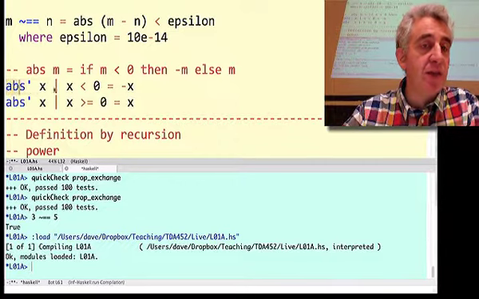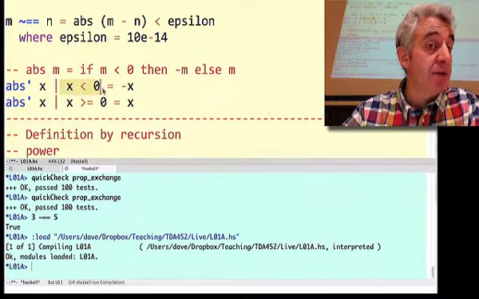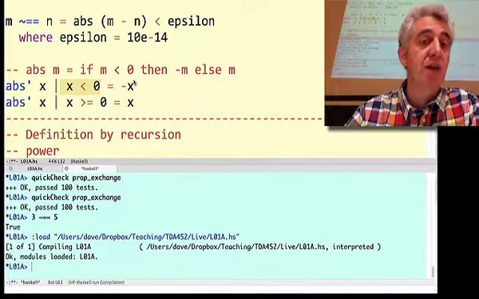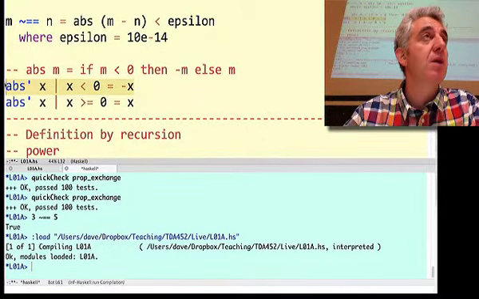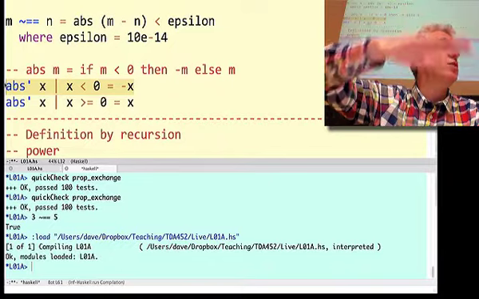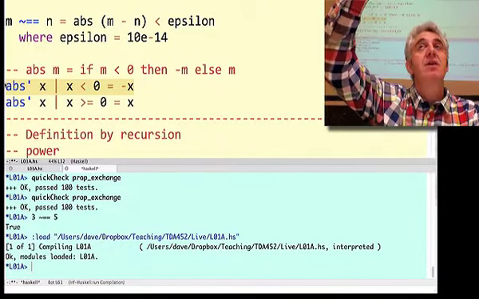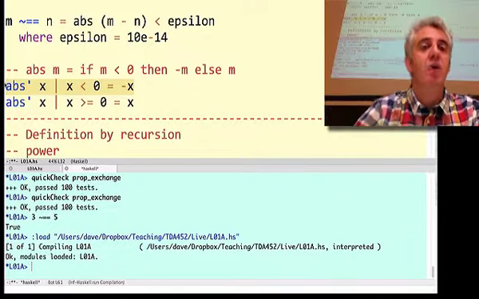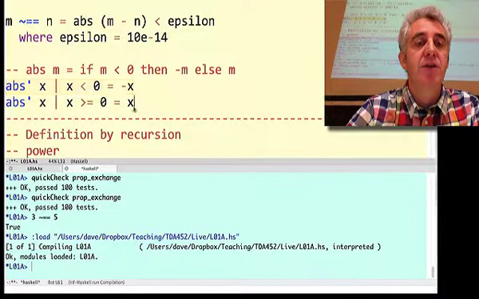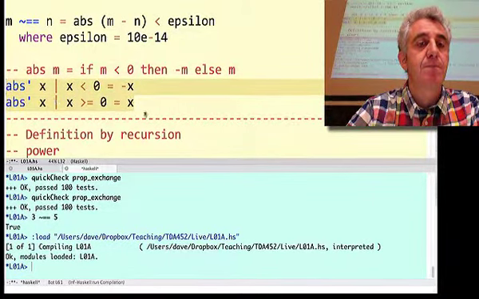So it's a definition that uses more than one equation, but each equation has a guard which tells me under which conditions I should use this equation. And equations are used in strict order, so the system will look for an equation which matches, and if it doesn't match, it will go on to the next equation. So we just need the first line.